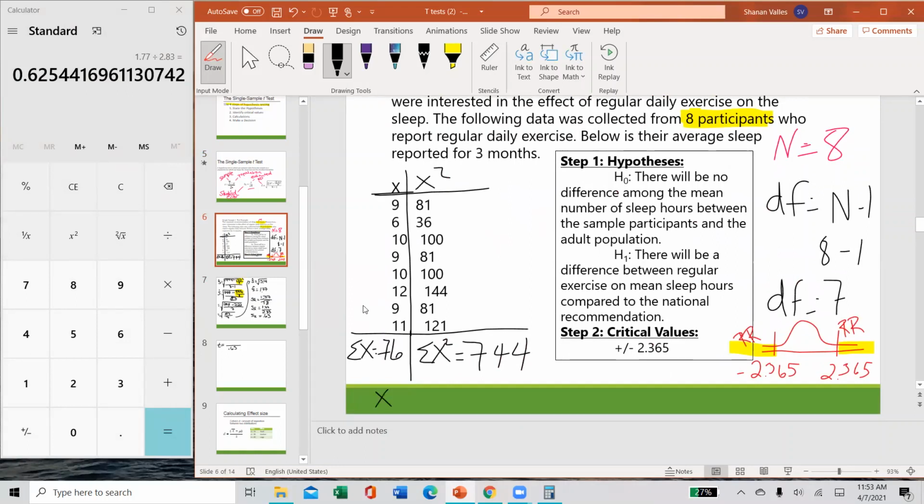And remember, sample mean is equal to the sum of x divided by n. So we have 76 divided by n. 76 divided by 8 is 9.5. So our sample was averaging 9.5 hours of sleep.